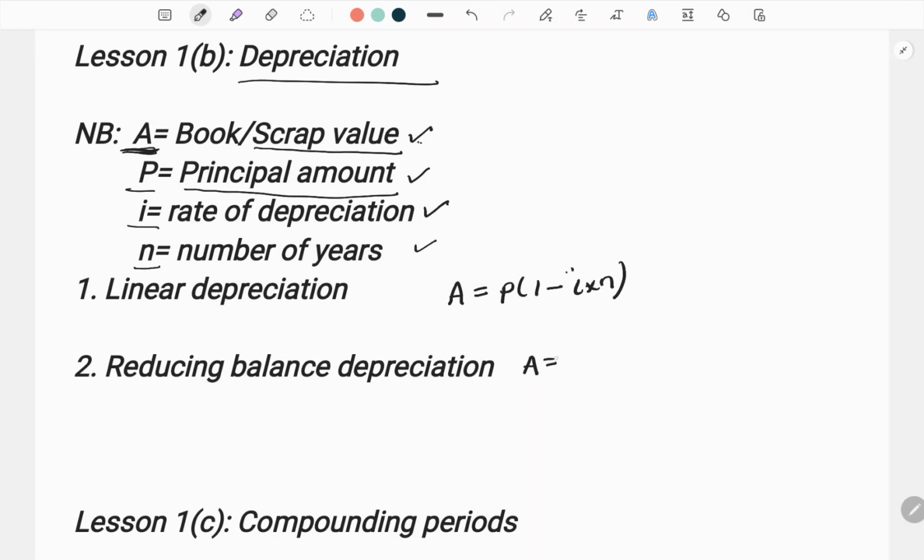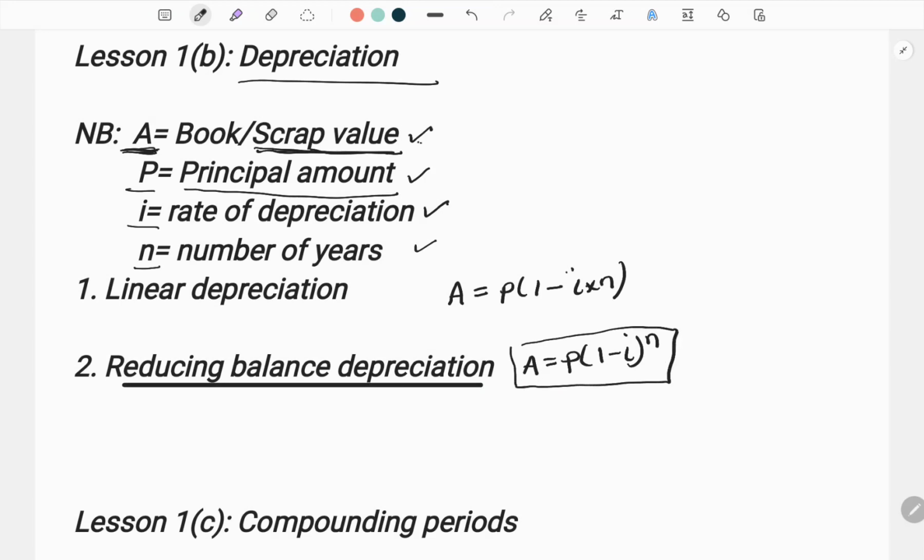So it's going to be A equals P times 1 minus I to the exponent of N. The question might specify for you, calculate the scrap value using reducing balance depreciation. That's when you're going to use the formula for depreciation. I hope it is clear. For reducing balance, use this one; for linear or straight line basis, you're going to use the other one.